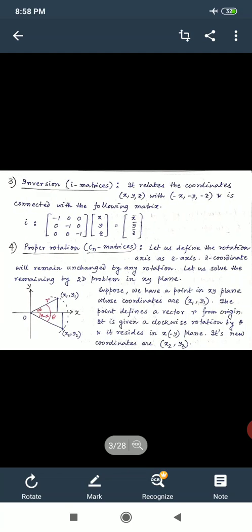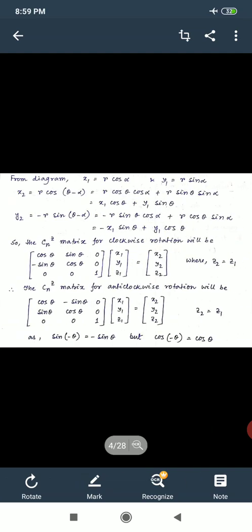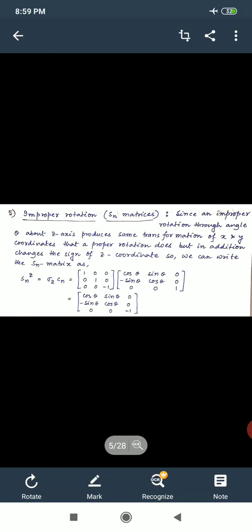Similarly, for the inversion center, similarly for the CN matrix, and after that we have also discussed the SN matrix. So in these 5 cases we have discussed how we can represent these symmetry operations in matrix form.